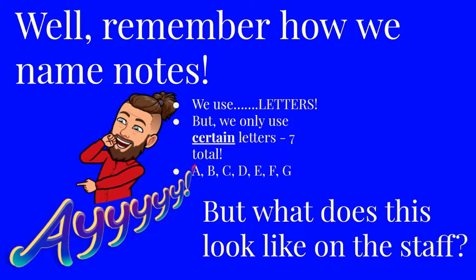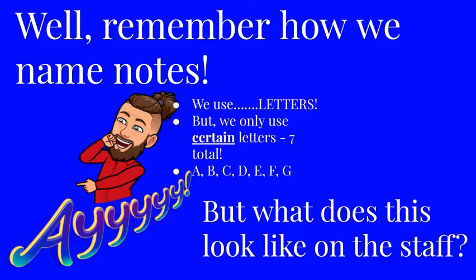So that gives us A, B, C, D, E, F, and G. So note names are letters, and our letters are only going to be the first 7 in the alphabet.